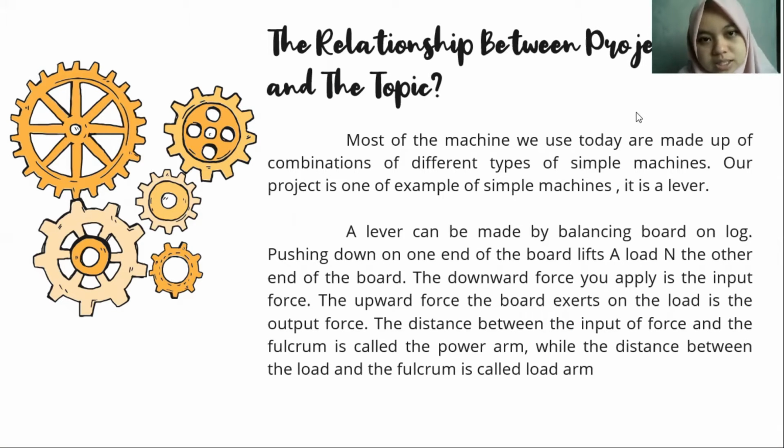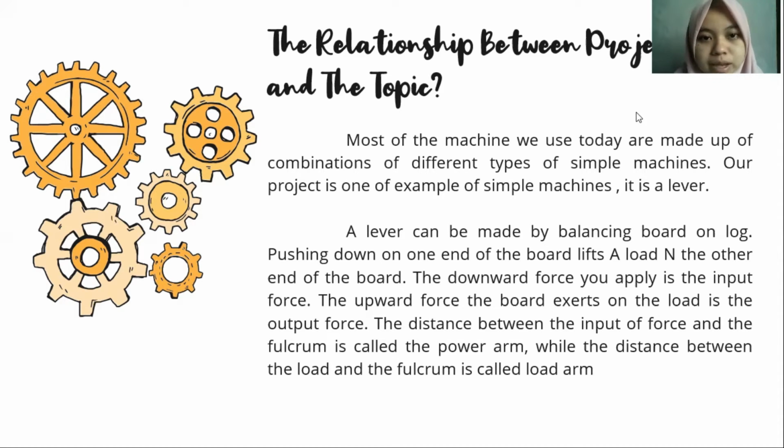The next topic is the relationship between the project and the topic. Most of the machines that we use today are made up of a combination of different types of simple machine, and our project is an example of that. We use the principle of a lever.